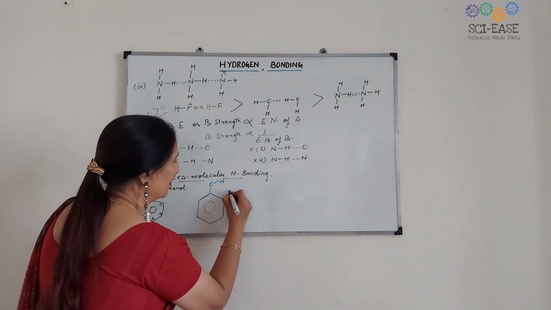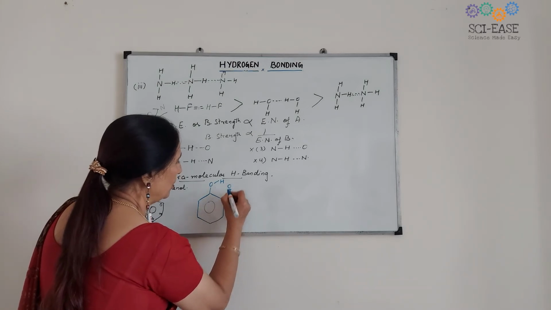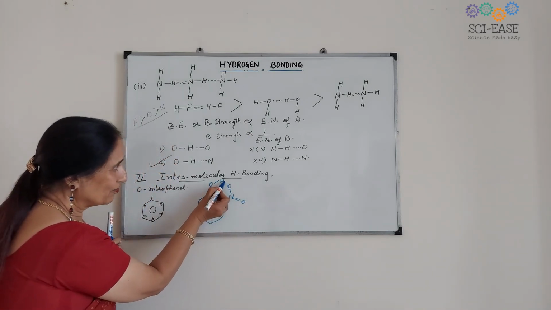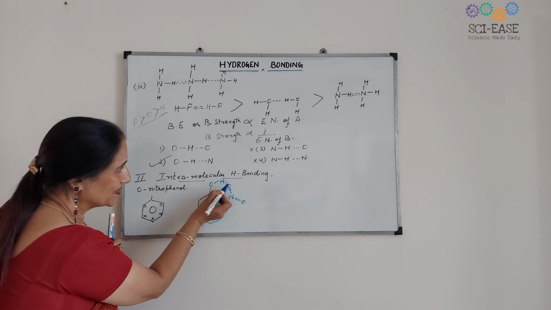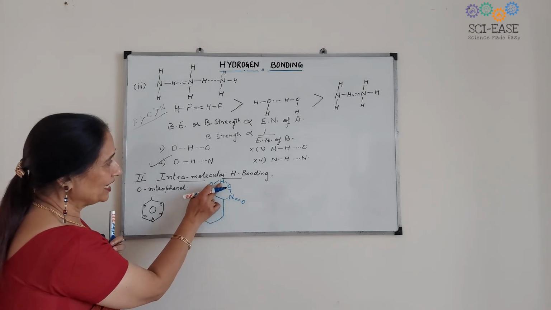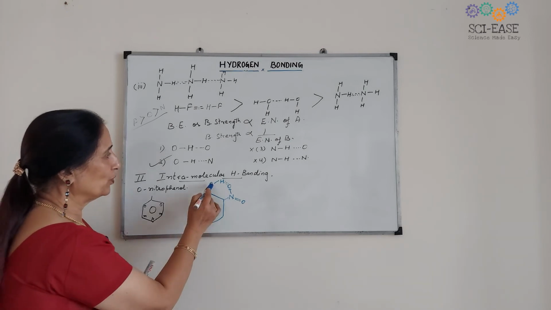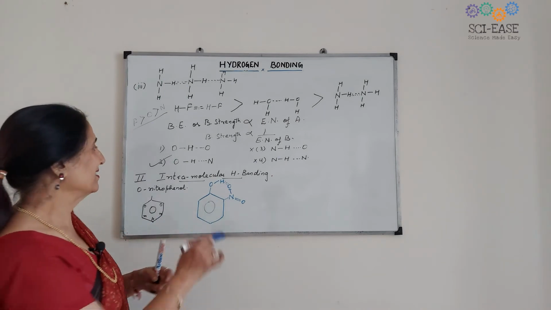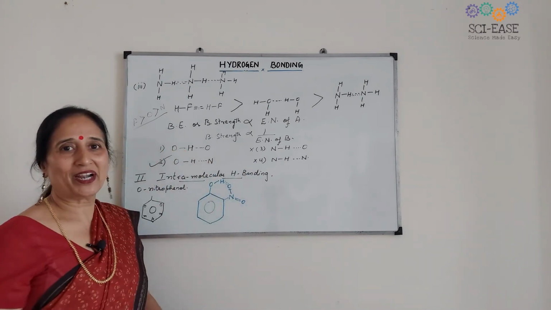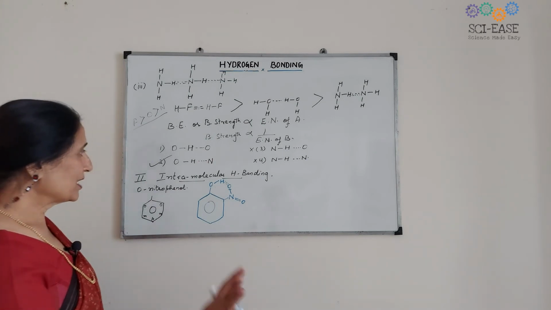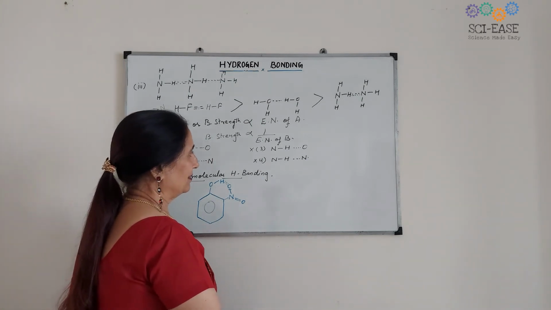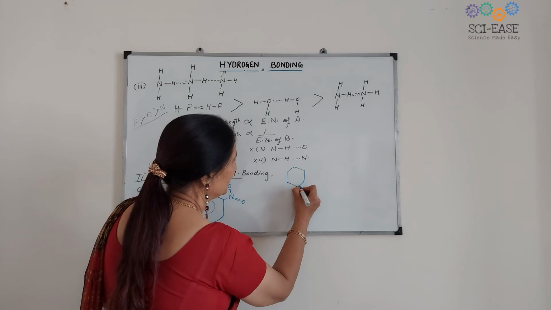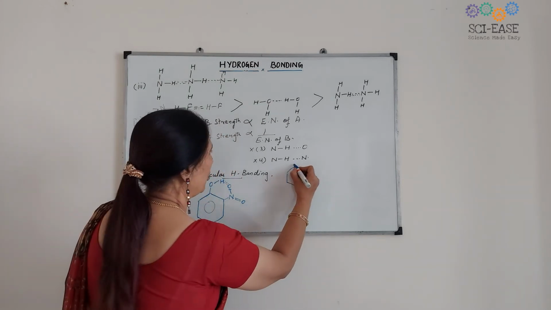So it is NO double bond O. So the bond between hydrogen of the phenolic group and oxygen of this nitro group which is formed, that is the intramolecular hydrogen bonding. Okay. So sometimes there is a question that which one of the two will have the higher boiling point.